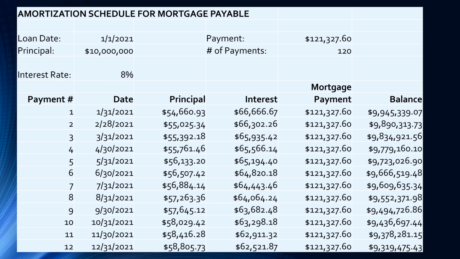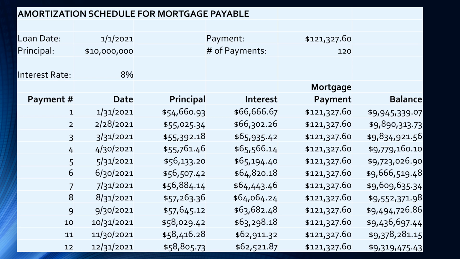So I took the liberty of creating an amortization schedule for this mortgage payable example. At the very top of the amortization schedule, you have all your inputs: your loan date, your principal amount, your interest rate, your actual monthly mortgage payment, and the number of mortgage payments. In the example that we used, the loan date was January 1st, 2021, and we borrowed $10 million.